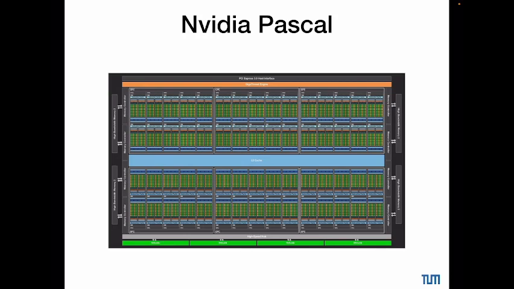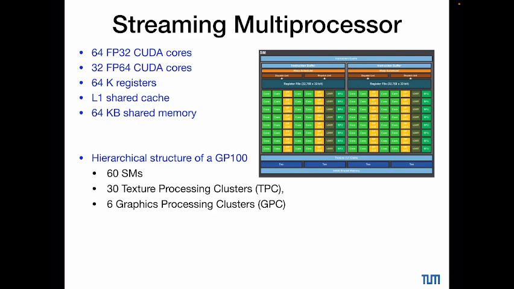There is a hierarchical structure, and one of these little blocks is called a streaming multiprocessor. That is the base unit of processing. Then we have a bit of level 2 cache here. There's a private memory in each of these streaming multiprocessors. And on that side is the interface to the DRAM chips.